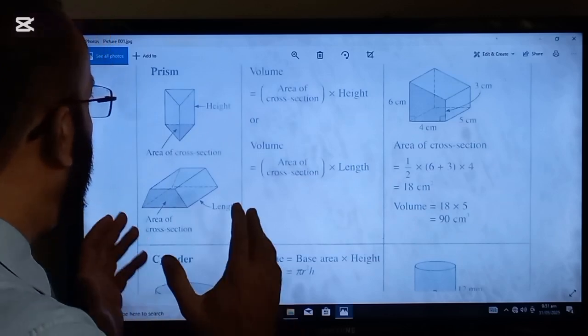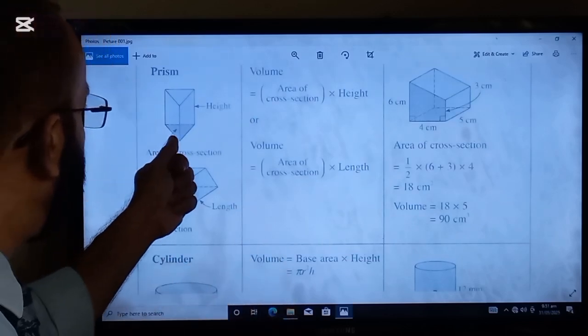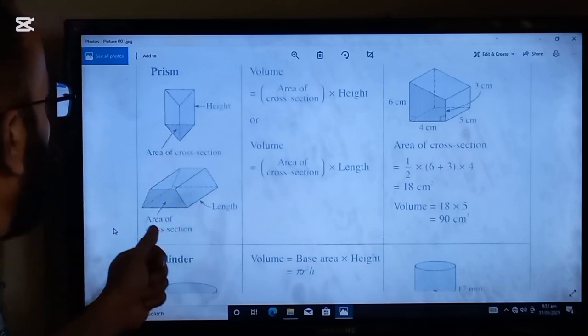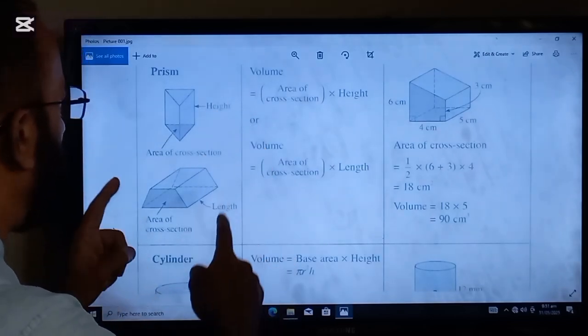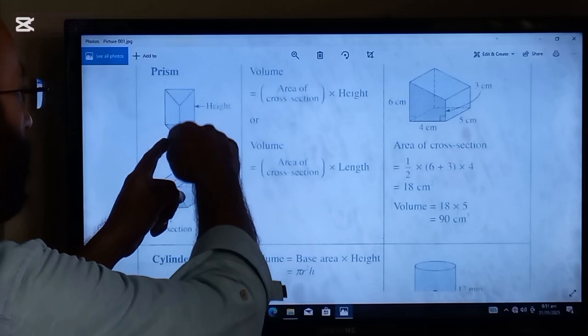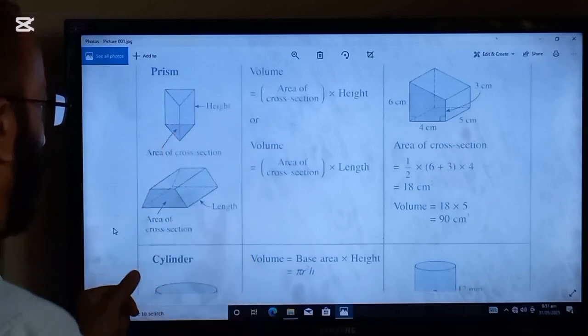Here is another very important figure, that is a prism. This dark shaded portion is called the area of the cross section, and the length between two cross sectional areas is called the height. For example, if this is the cross sectional area, the opposite will also be the cross sectional area, so this length will be called the height.